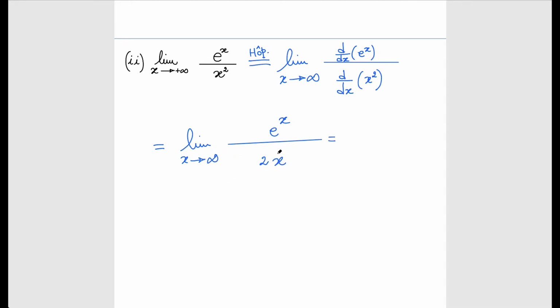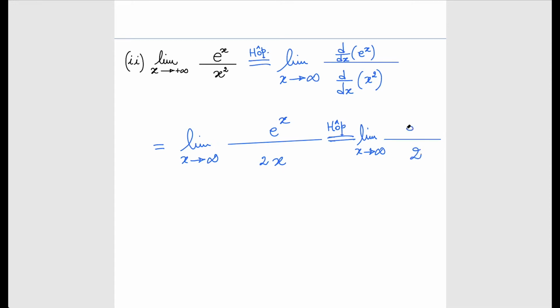So L'Hopital's rule is going to be reapplied, and you can go over the justification of why the rule can be applied. You can check the conditions that I was discussing. And if you apply it one more time, you're going to get this time a nice limit, because downstairs becomes simply 2.